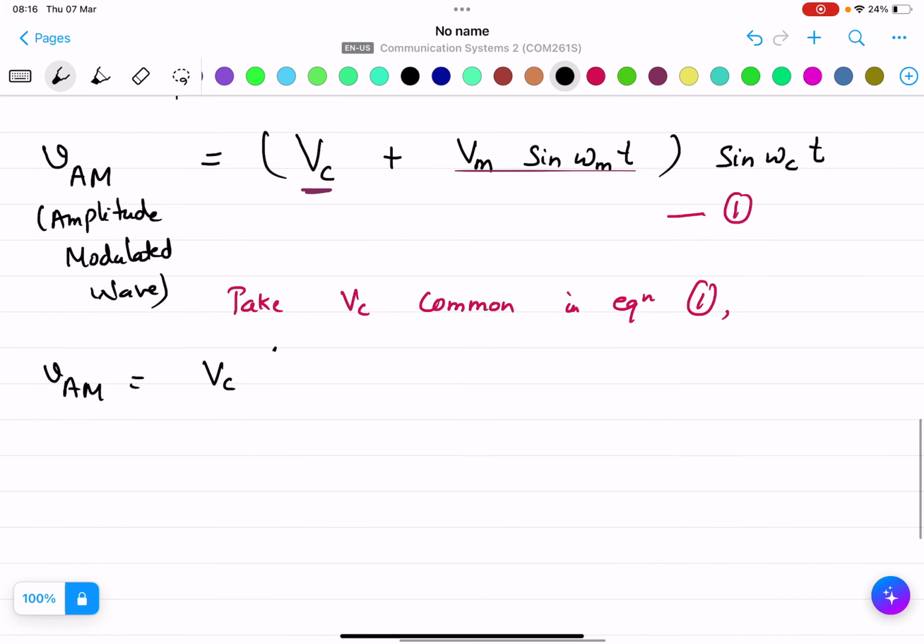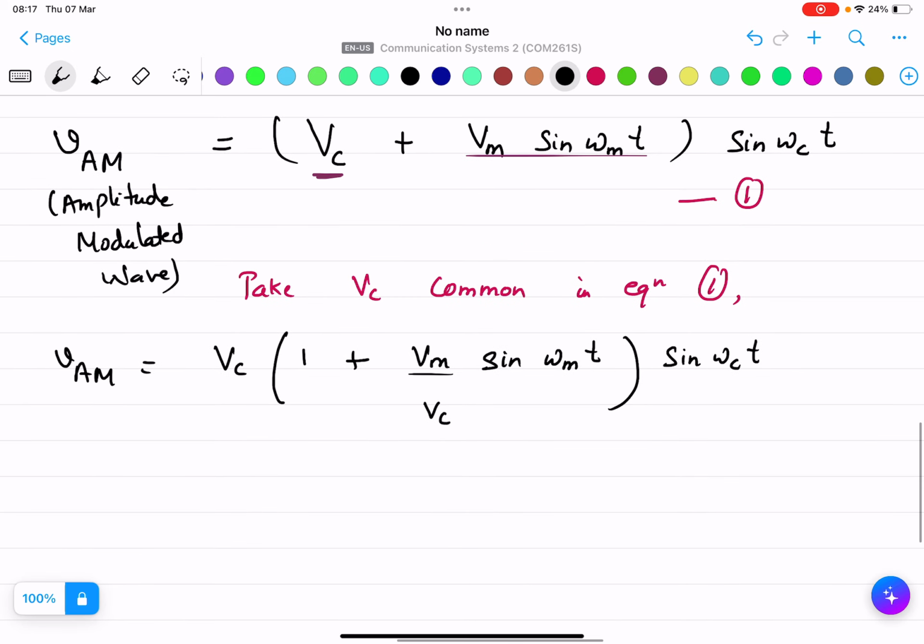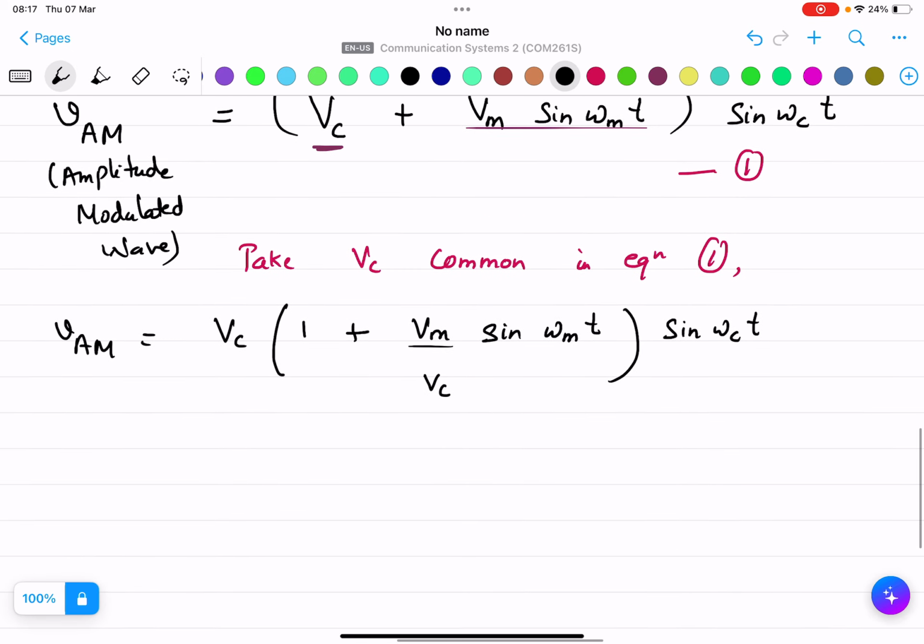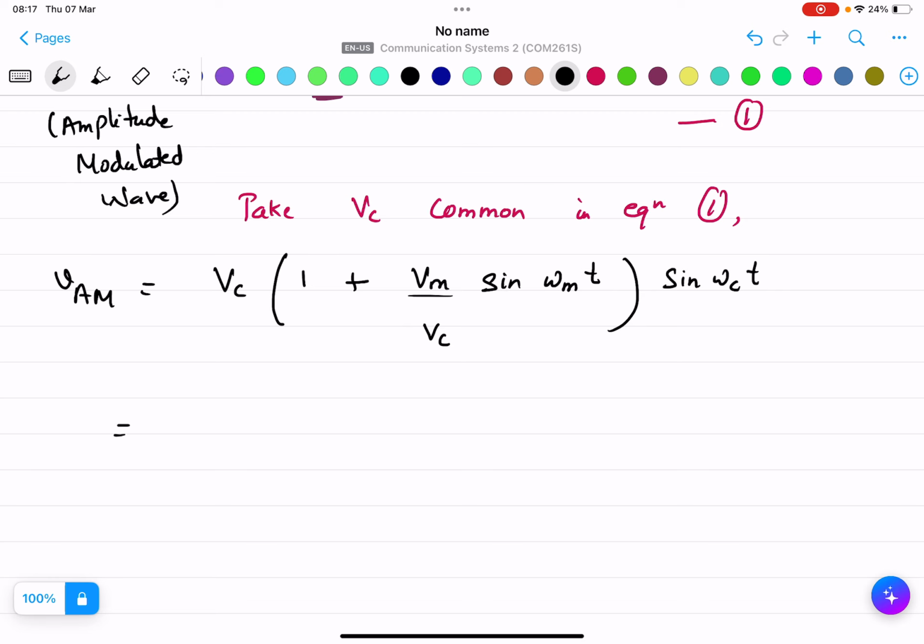If we have taken Vc common, it will be 1 plus Vm by Vc sine omega mt and sine omega ct. The same equation, but we have taken Vc common, right? Now can we write it as Vc 1 plus m sine omega mt and sine omega ct?